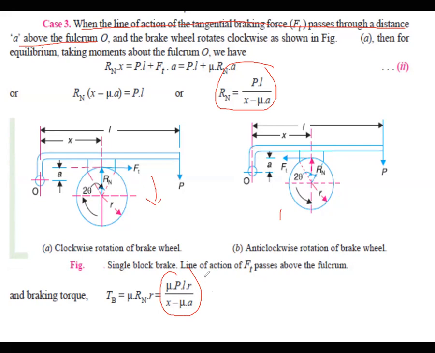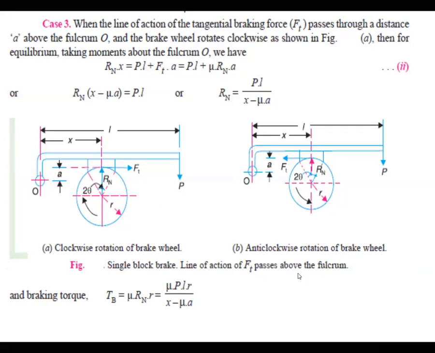So in total how many formulas? Two, two, two. Total 6 formulas are there, and you have to remember them for case 1, case 2, case 3. I'm running out of time, so I'll take you through problems regarding this in the next class.